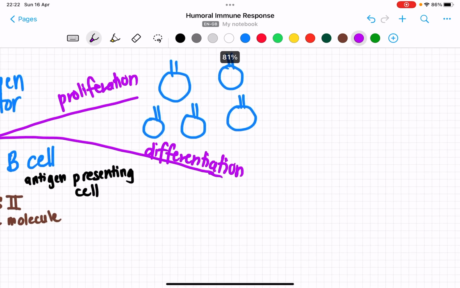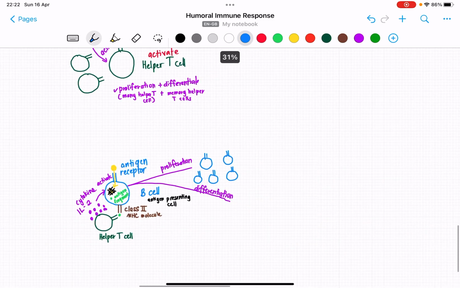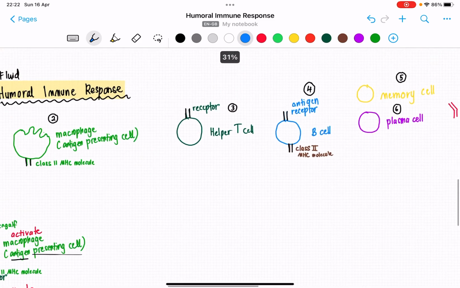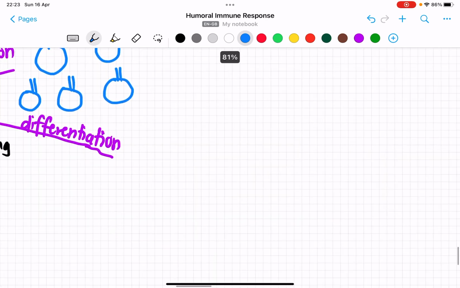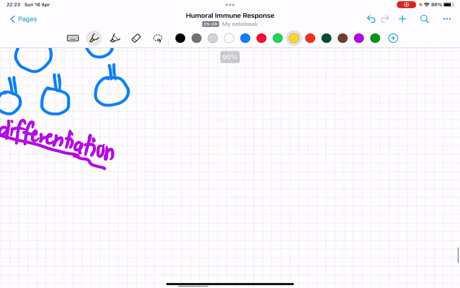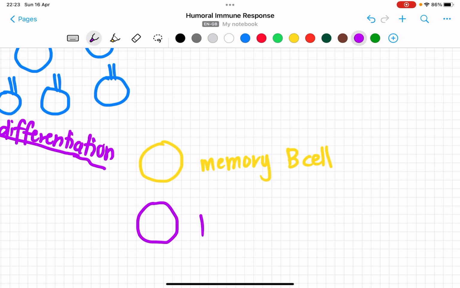What happened is the B cell is going to change, grow and reshape its structure to form memory B cell and plasma cell. Memory B cell, and also another one is plasma cell.